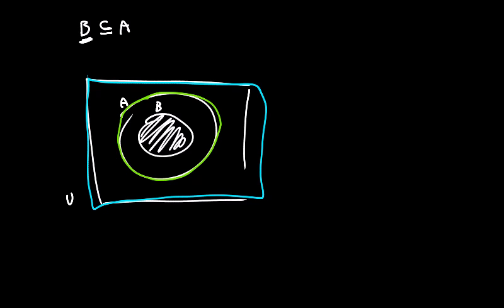So if I want to put some numbers to that, let's look at how that would pan out. So let's say U equals, in this case, just positive integers 1 through 5.